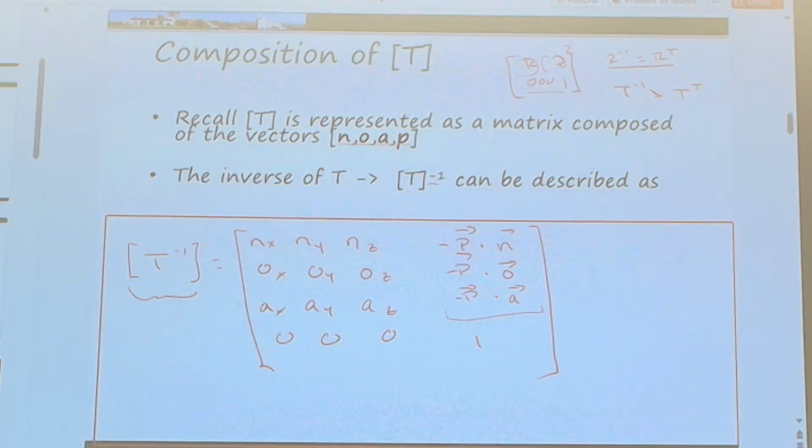This is our T inverse matrix, and this is the way we perform that P vector, that P submatrix. We dot it with the axis of interest and the destination, so we're taking the projection of P. This becomes our rotation submatrix, and this becomes our displacement submatrix.